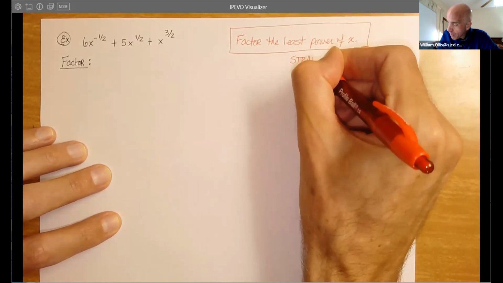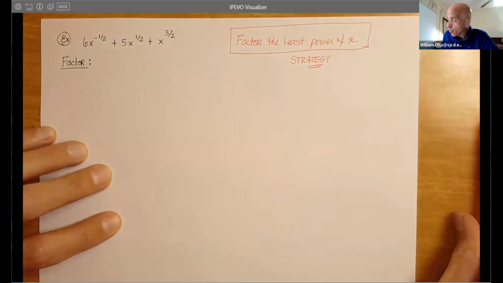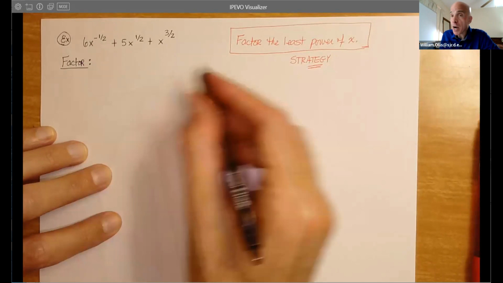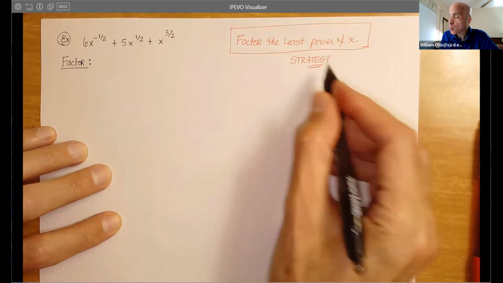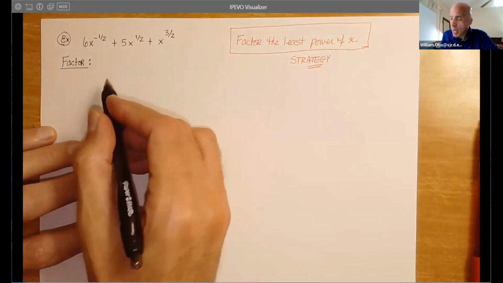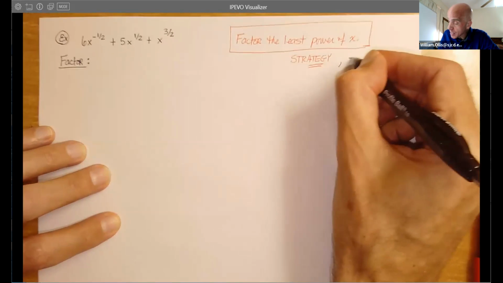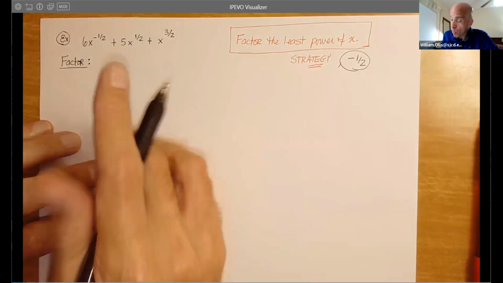When you have expressions that are common throughout a sum to varying powers, and you want to simplify it, try factoring the least power. Notice here the least power, well, it looks like -1/2. So in this case, it is -1/2. So that's what we're going to do.